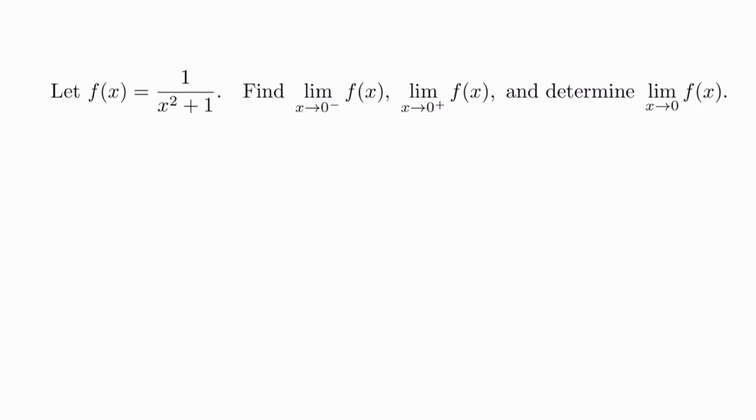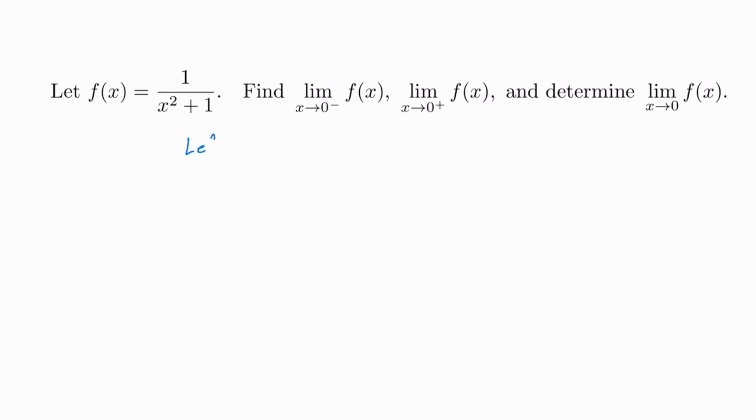We've got f of x is equal to 1 over x squared plus 1. So this function I don't really know off the top of my head. It's going to be hard for me to just graph it without knowing anything else or plugging in values. So let's just go ahead and plug in some values for our graph, and we'll figure out what our limits are.